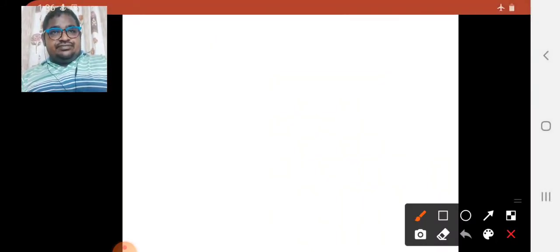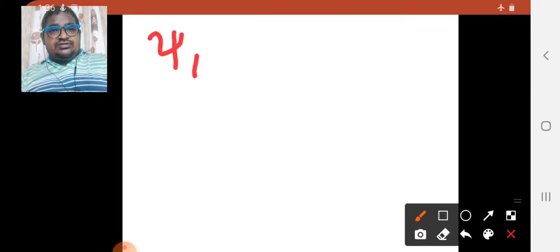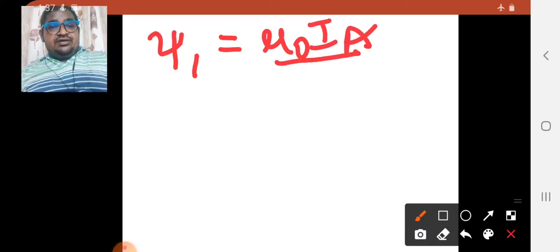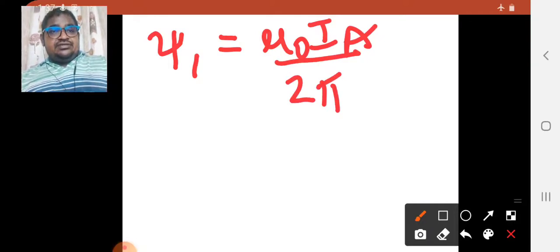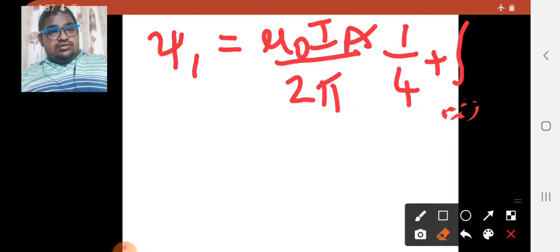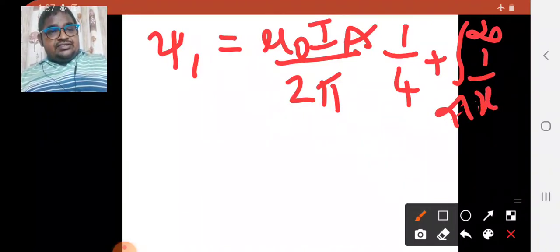psi 1, let us assume this is due to its own current IA, equal to mu naught IA by 2 pi times [1 by 4 plus integral R to infinity 1 by x dx].